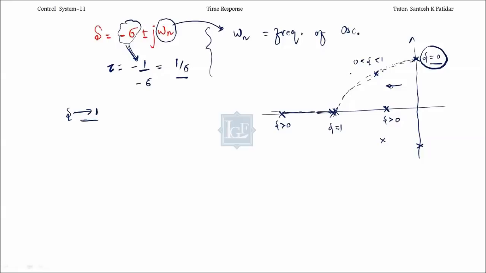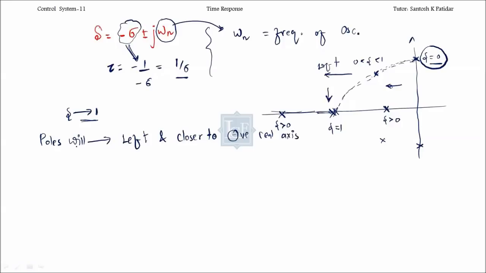Now it decreases and moves to the left, and also close to the negative real axis. So when zeta moves like this, your poles move left and closer to the negative real axis. This is point number 1. Point number 2 we'll discuss next.